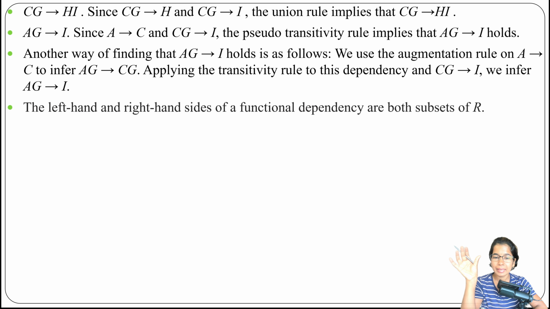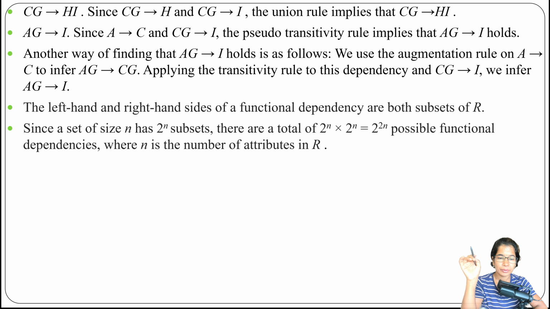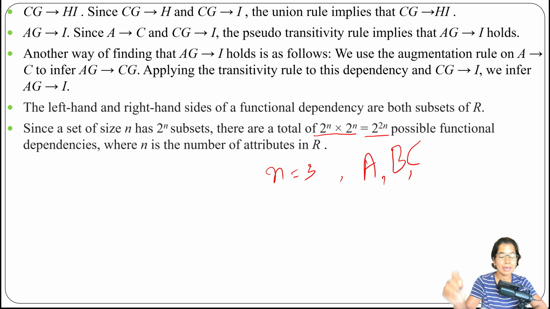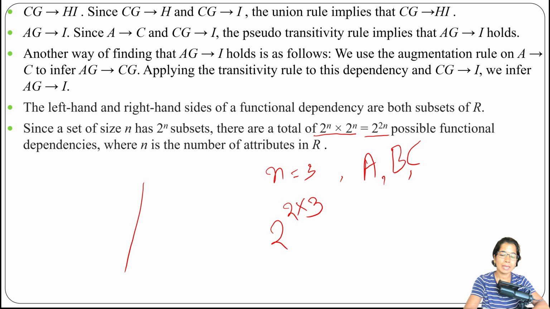The left hand side and right hand side of a functional dependency are both subsets of that relation. If there are n attributes, then there can be 2 power n subsets. So in total 2 power n times 2 power n, that is 2 power 2n functional dependencies, where n is the number of attributes in R. Suppose n equals 3, like there are 3 attributes A, B, C, then how many functional dependencies are possible? 2 power 2 multiplied by 3. On the left side, there can be all possible subsets of A, B, C, 2 power 3.